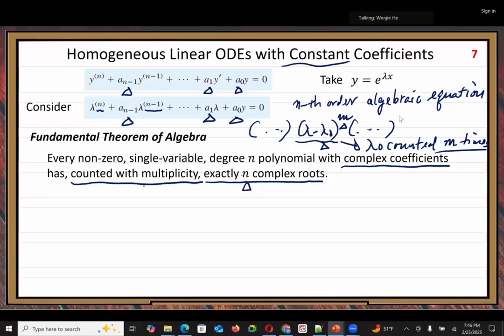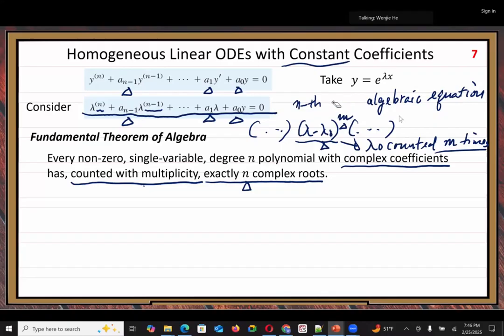That means for this equation, it is actually degree n. We do not say nth order, because degree and order are different.